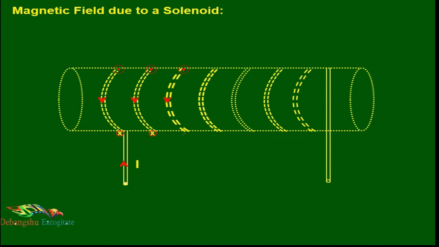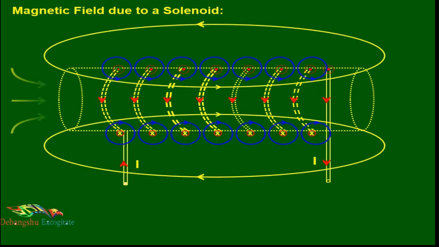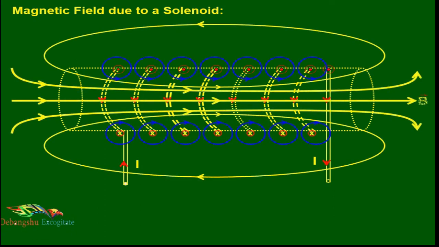At the top the current is coming out, and at the bottom it is going in. Now there will be a magnetic field produced due to this. The shape of the magnetic field would be like this. So that's about the magnetic field due to a solenoid.